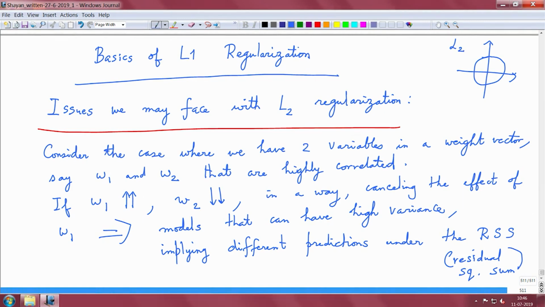The issue that we are facing here is that we do not take into account the sparsity of the model, which means we can have variables that may not be linked to the problem, or in the case where they are highly correlated, we may have a situation like this where one cancels the effect of the other.